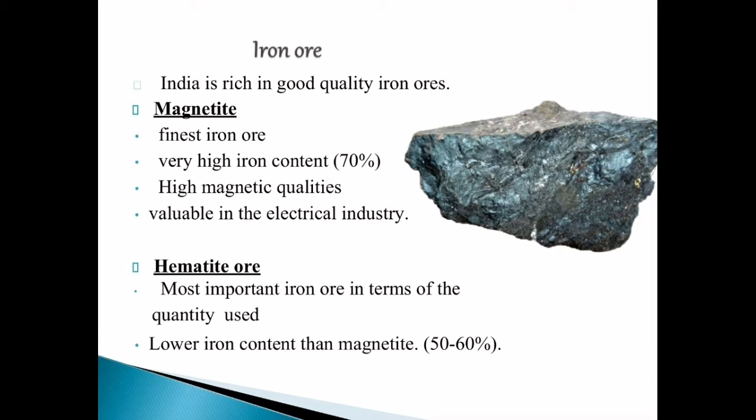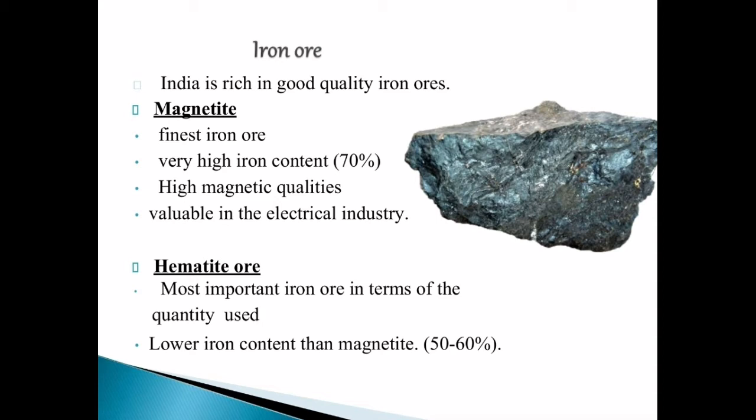Hematite is one of the most important industrial iron ores in terms of the quantity used, but it has slightly lower iron content than magnetite. So, the backbone of quality products for every basic industry is iron ore. We have good quality iron ore available in India, about 70% in magnetite and 50 to 60% in hematite.